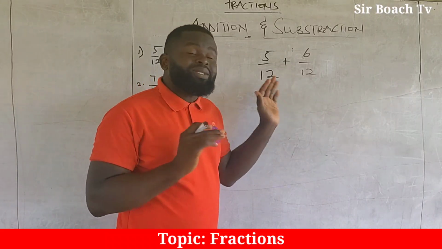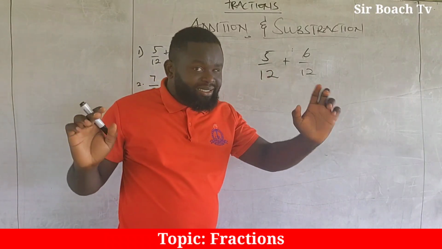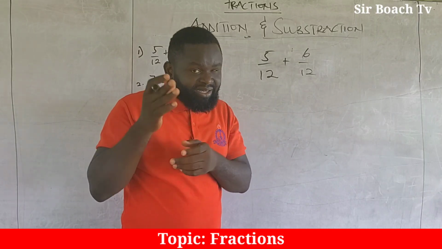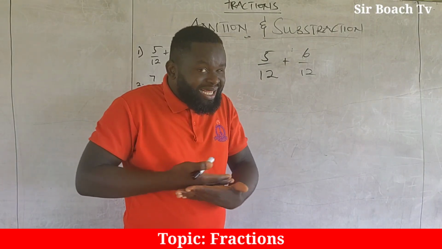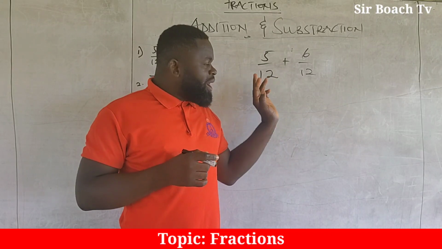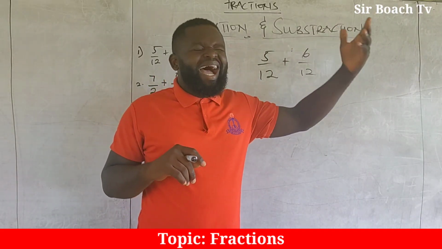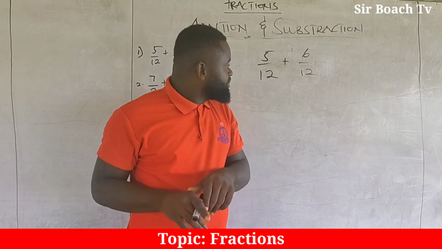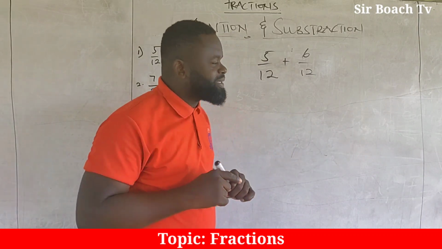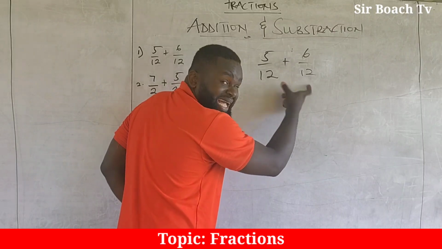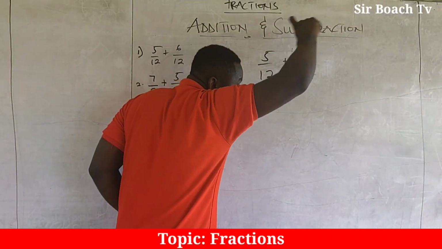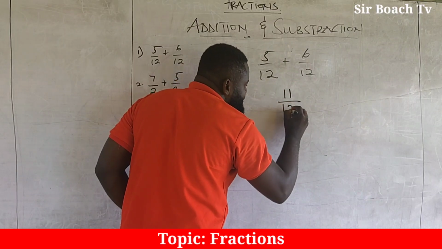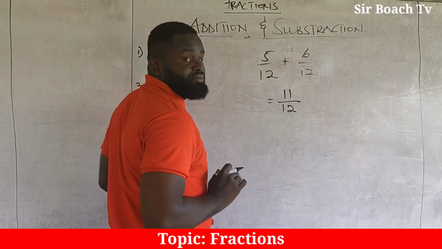If you are working with fractions with the same denominator, that is like fractions, because we said like fractions are fractions whereby the denominators are the same, it's very simple. Because the denominators are the same, we just add the top. So 5 plus 6 gives me 11. Then we repeat the denominator. That's all, we are done.